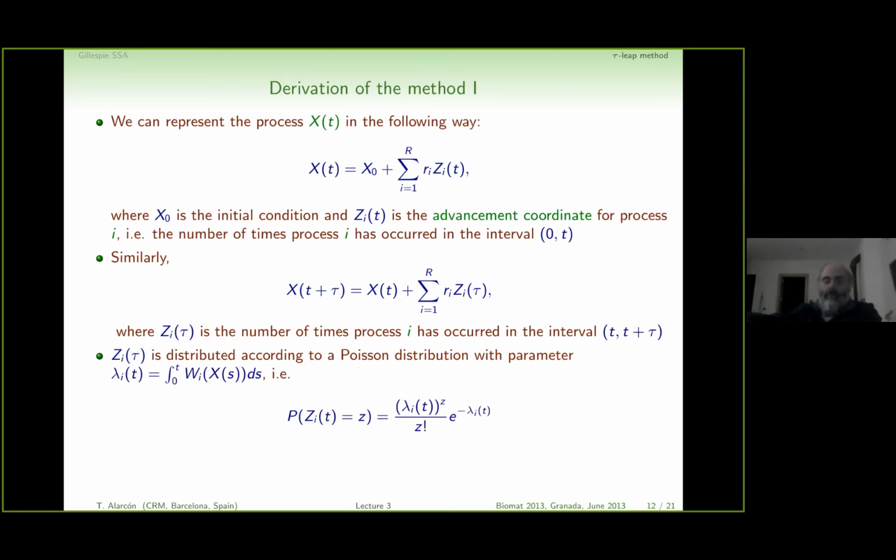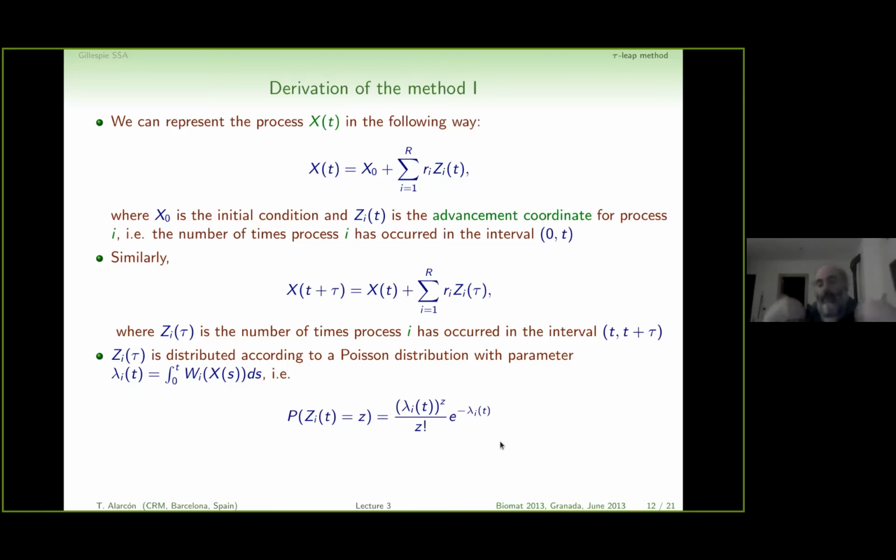That's because it's a very well-known result in probability theory that if you have a system with a waiting time that is exponentially distributed, and you fix some time interval and count how many events have occurred in that time interval, that's going to be given by a Poisson distribution.